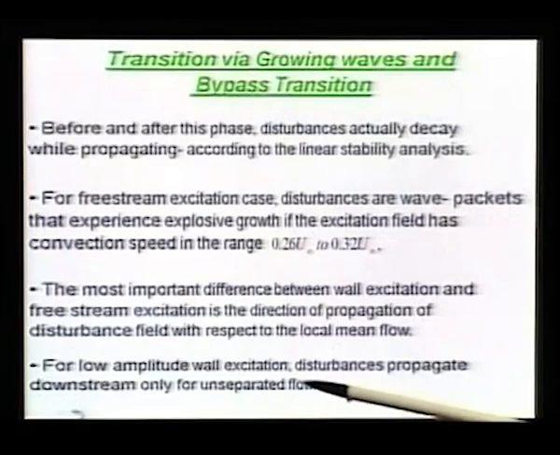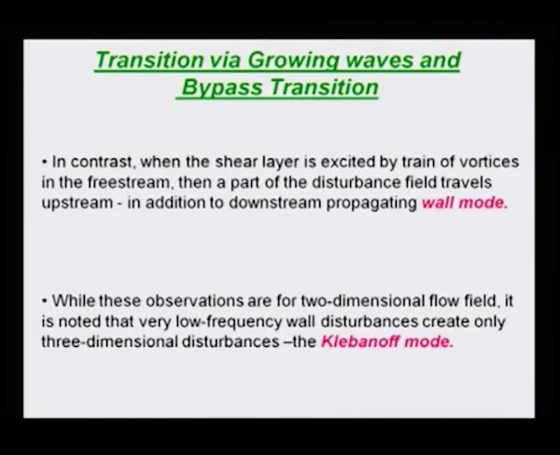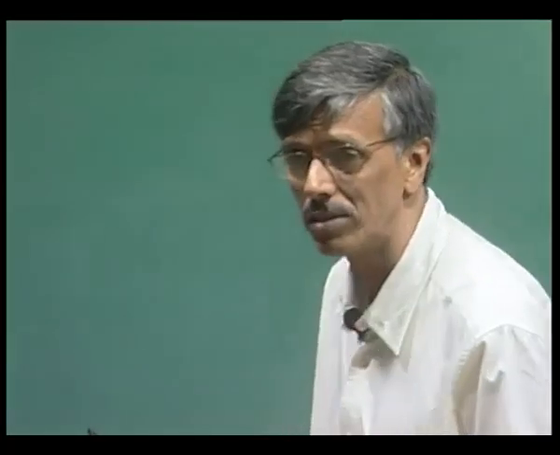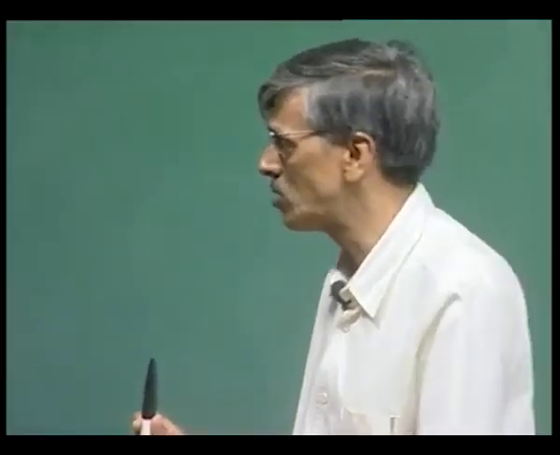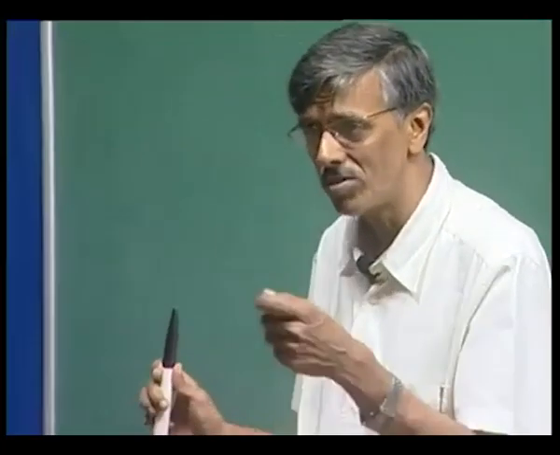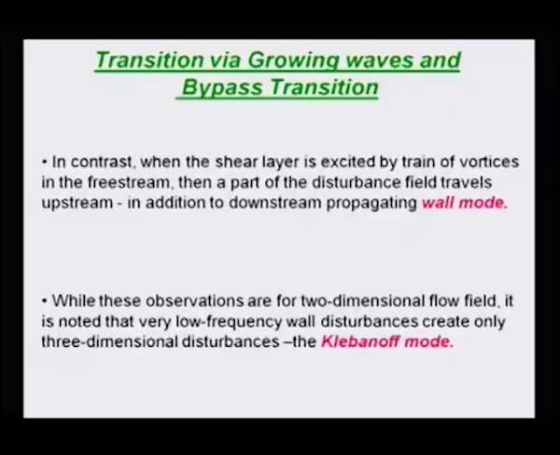And then if we have just simply low amplitude wall excitation, then we see that we do create those TS waves. But we also keep in mind that if the amplitude is much larger, then we can also have a bypass event, even though we are having wall excitation. So this wall mode that we are talking about is restricted to very small disturbance case. Okay.